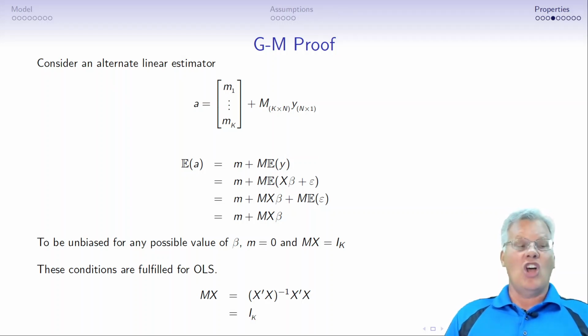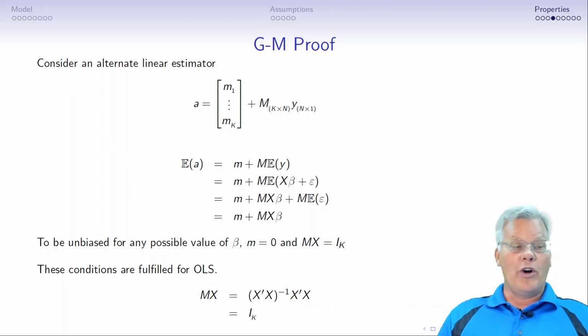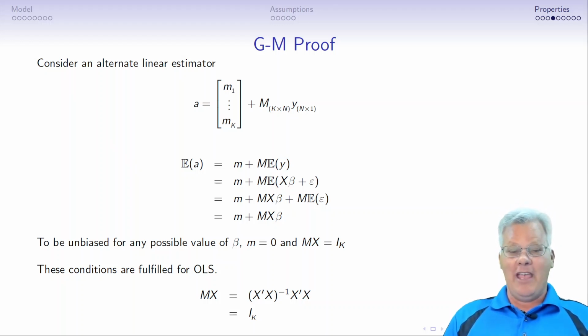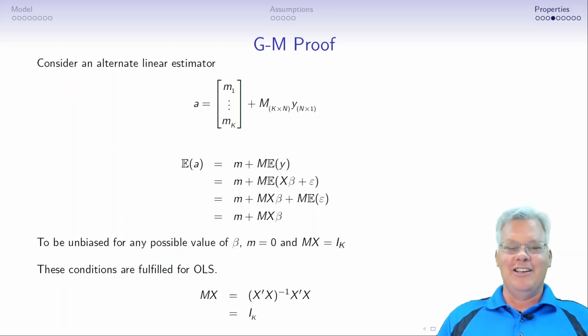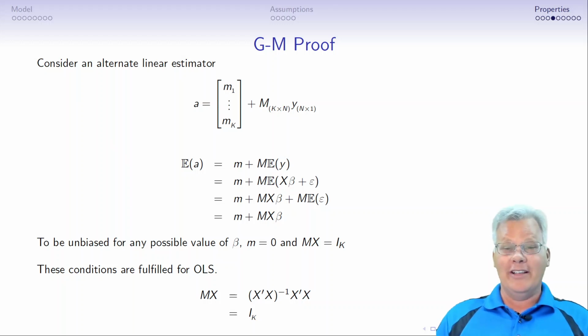These conditions are fulfilled for the OLS estimator, just as a sideshow. So there is no lowercase m in the OLS estimator, and uppercase M for the OLS estimator is (X prime X) inverse X prime. So (X prime X) inverse X prime multiplied by X gives me that expression, (X prime X) inverse X prime X, which is the identity matrix. So these conditions are fulfilled for the OLS estimator.